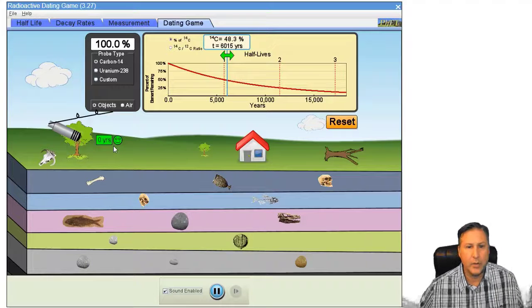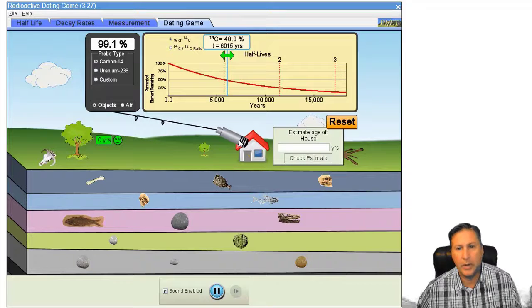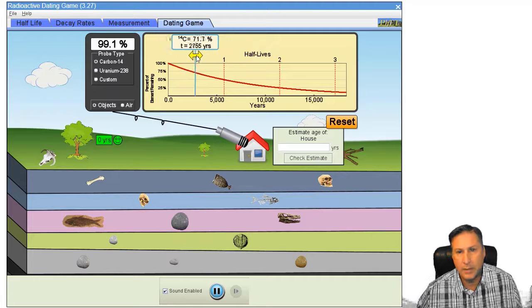So this has died 0 years ago. On the other hand, if I go to the house made out of wood, it's now at 99.1%, which means that the wood in the house died some time ago. So we can take this bar and move it, and all I'm going to do is try to match up that 99.1. We continue closer.